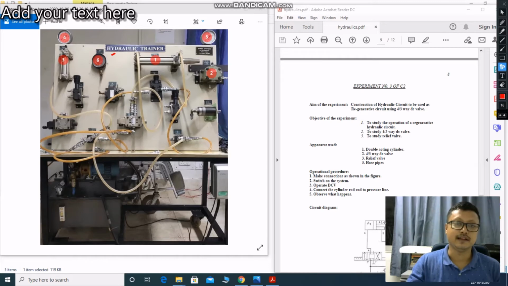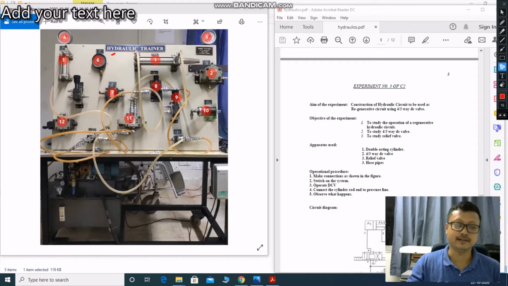This is one check valve, this is one pressure relief valve, and this is a pressure reducing valve. This is one hydraulic motor, this is a 4 by 3 directional control valve, and this is a 4 by 2 directional control valve.